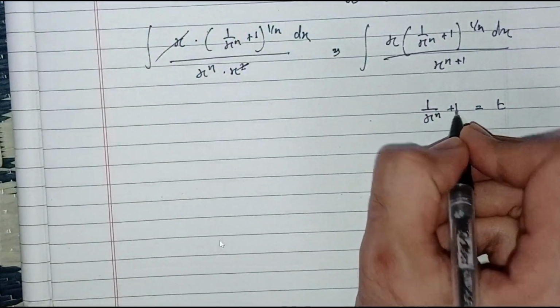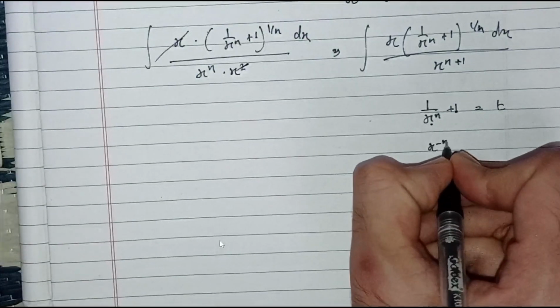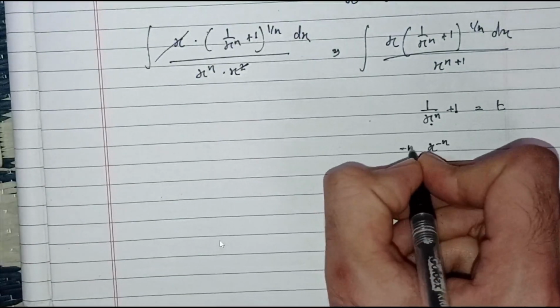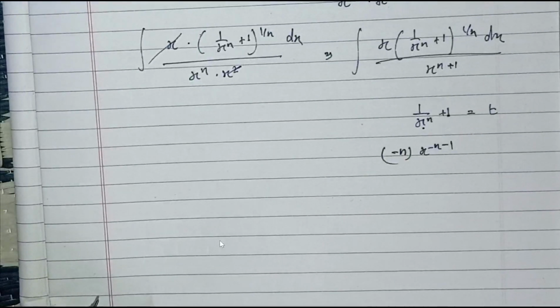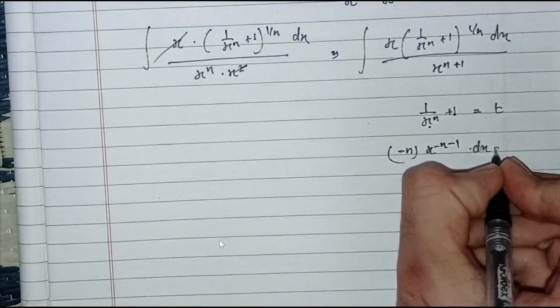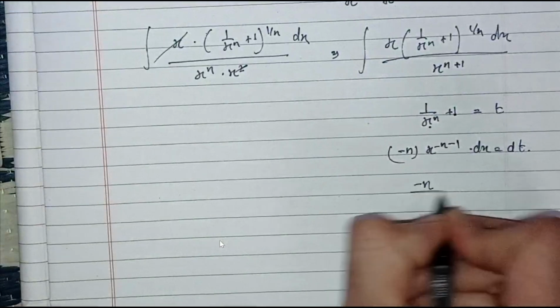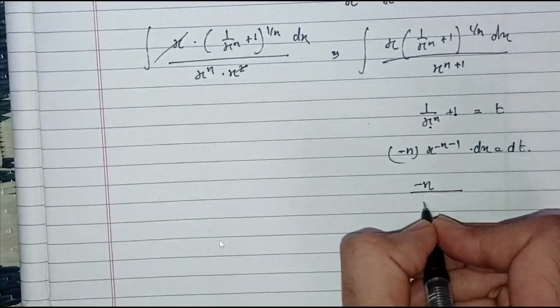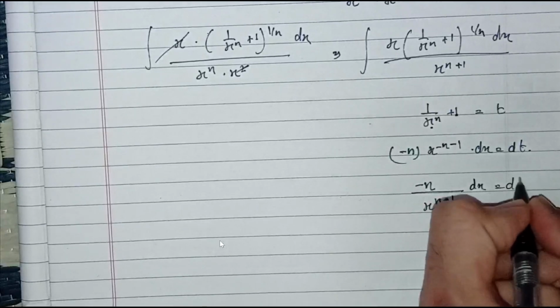Differentiation of 1 will be 0, and differentiation of x^(-n) will be -n x^(-n-1). So dx equals dt. Now -n dx upon x^(n+1) equals dt.